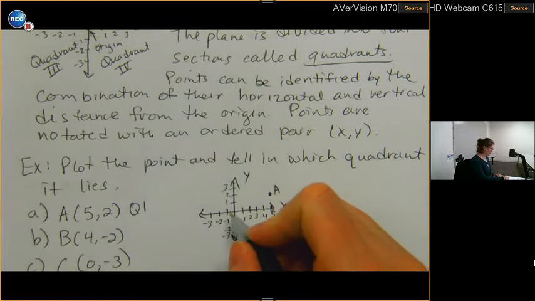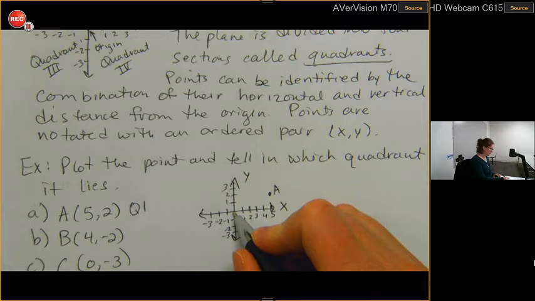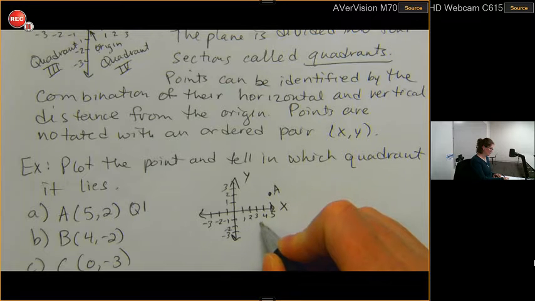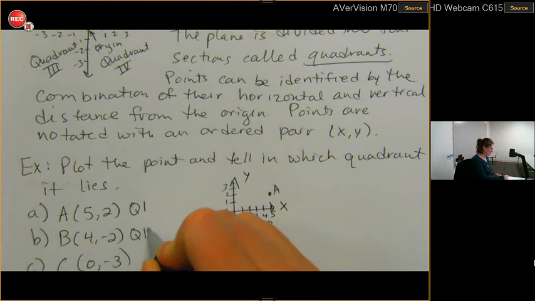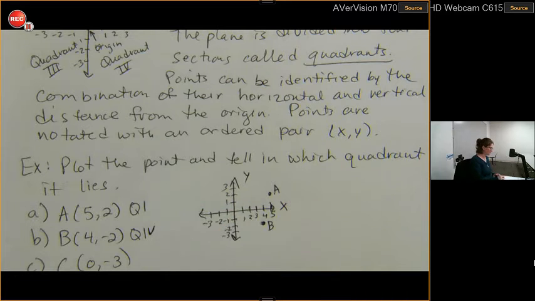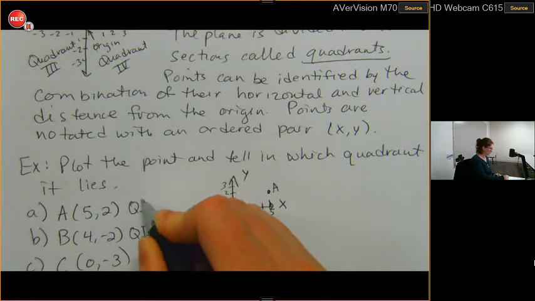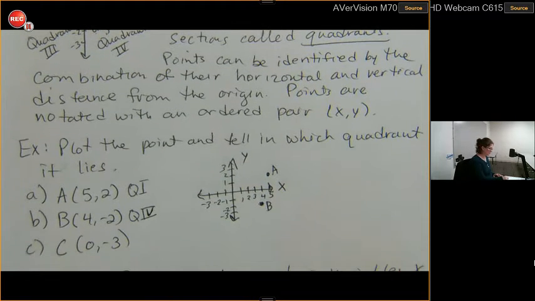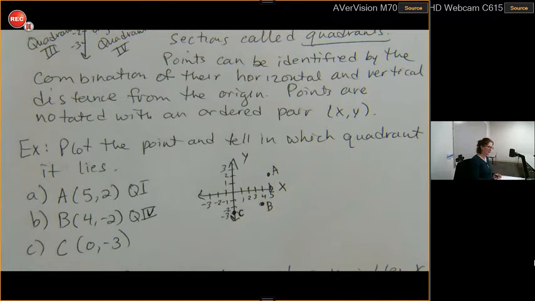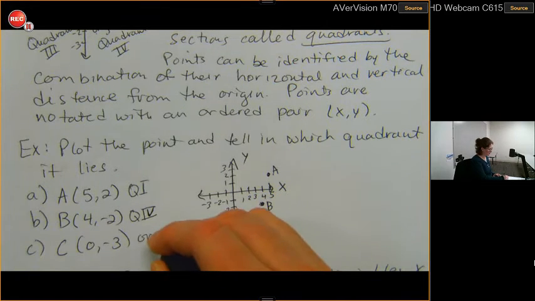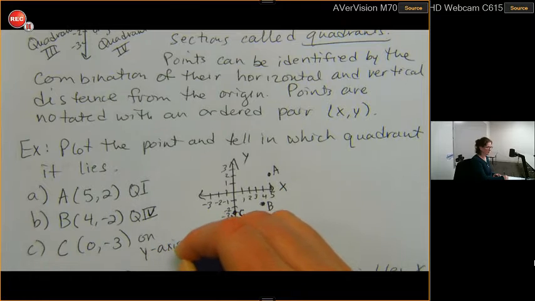The point 4, negative 2, so x value is 4, the y value is negative 2, that's in quadrant 4. Zero, negative 3 is not in any quadrant, it is on the y-axis.